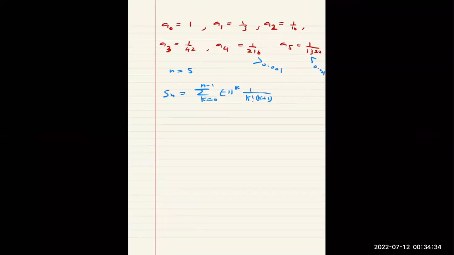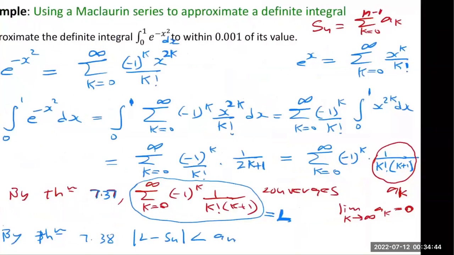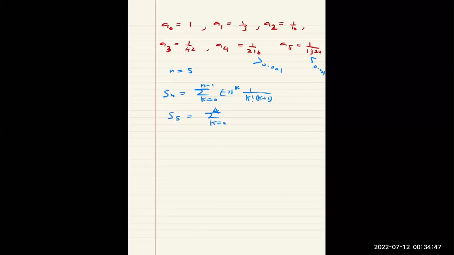All right, now it's all about finding S5. S5 is sigma k goes from 0 to 4 of minus 1 to the power k times 1 over k factorial times k plus 1.